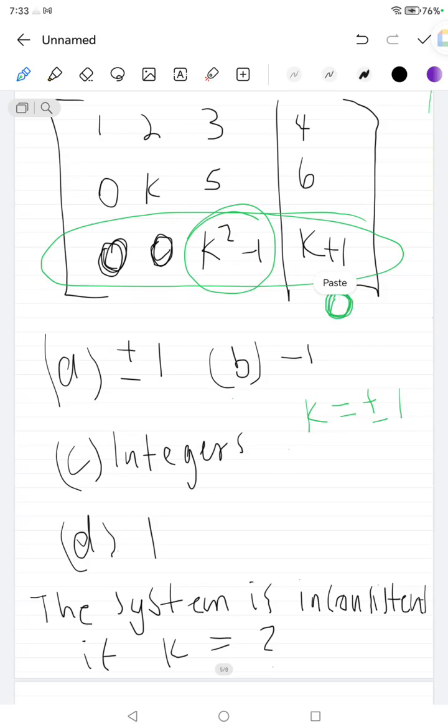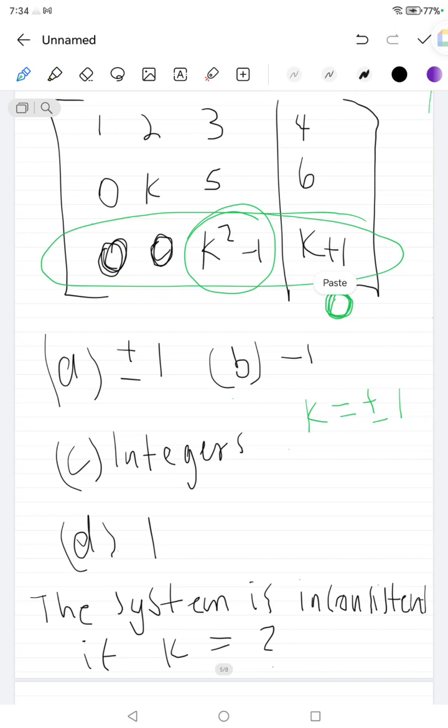Then with 1 we get 1 plus 1, which is 2. So now it means only, let me check.